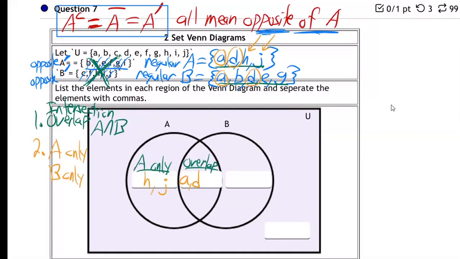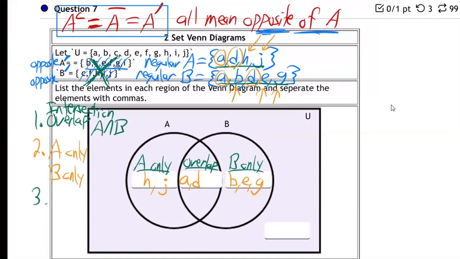H comma J. And what is in B only? Well, that would be little b, little e, little g. That's in B only, not part of the overlap.